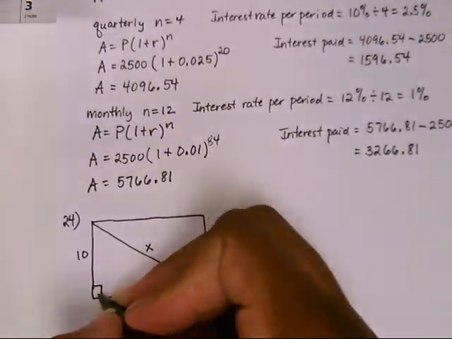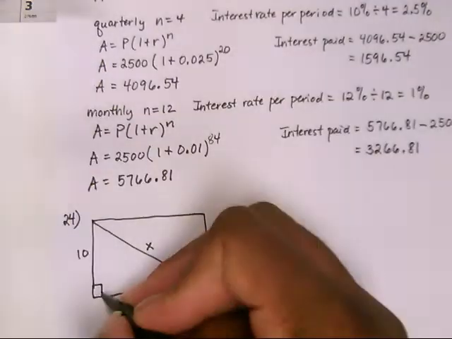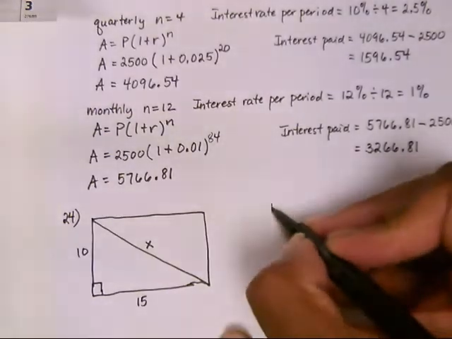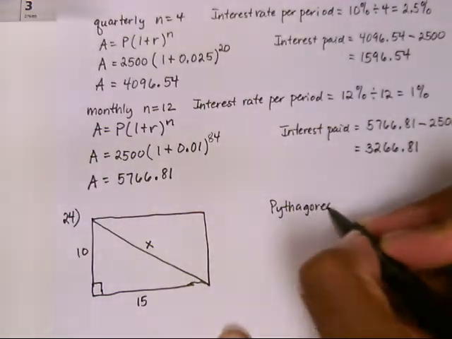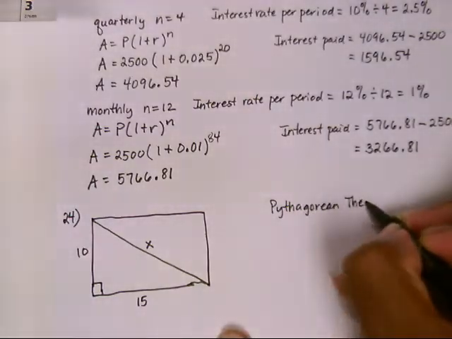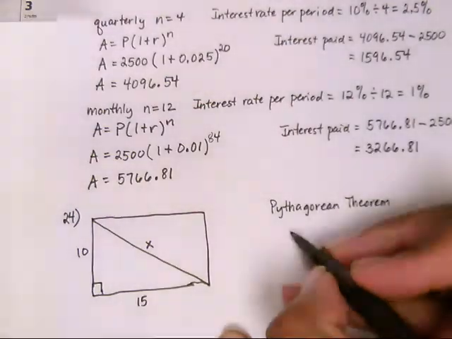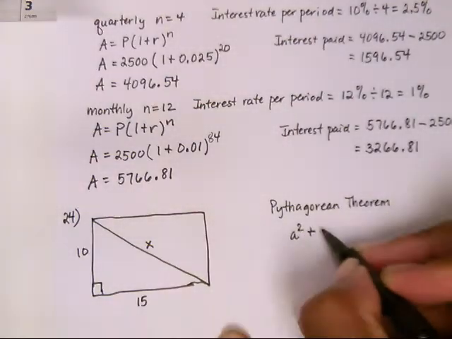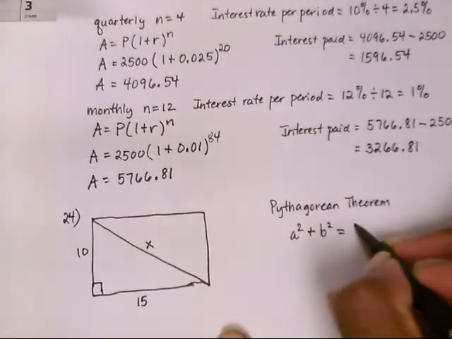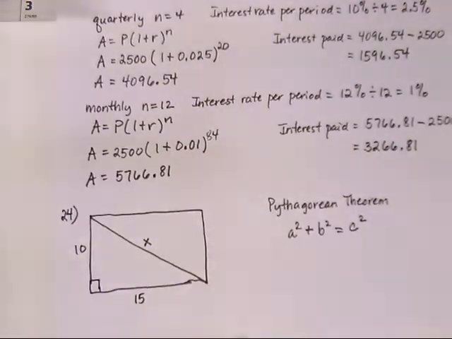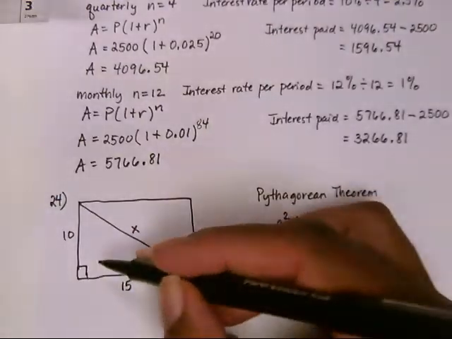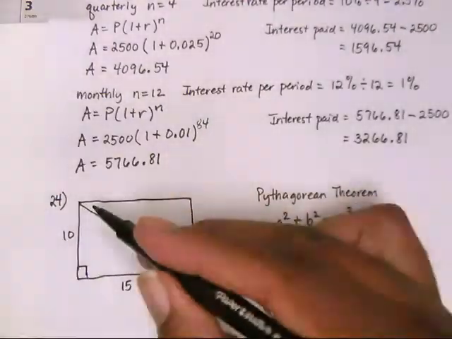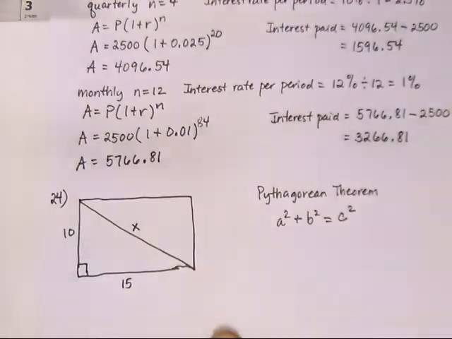Well, notice that this is in the form of a right triangle, so we have to use what they call the Pythagorean Theorem. Now, the Pythagorean Theorem, if you recall, is a squared plus b squared equal to c squared. The a and the b are the lengths of the sides. The c is the longest side, which is the hypotenuse.